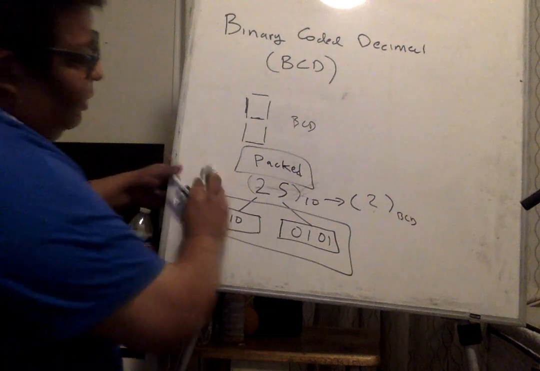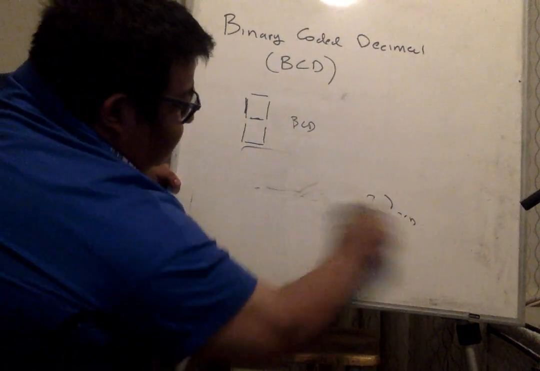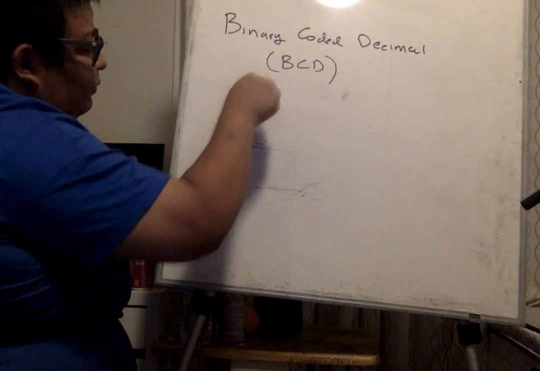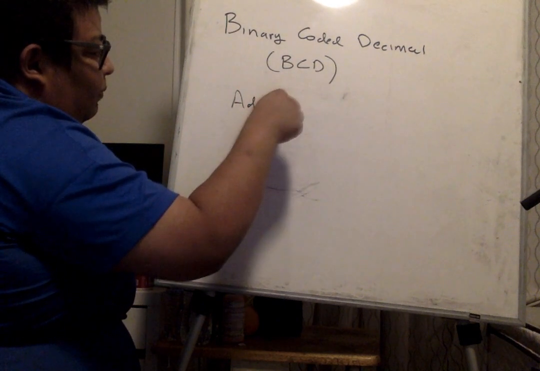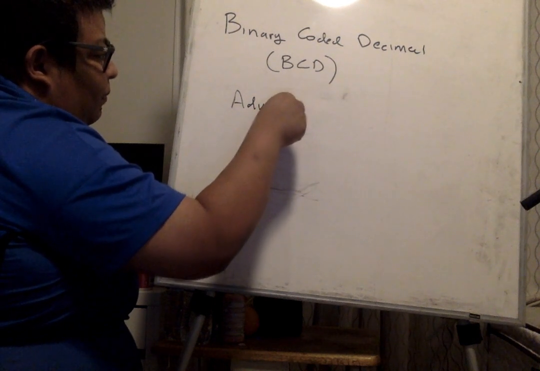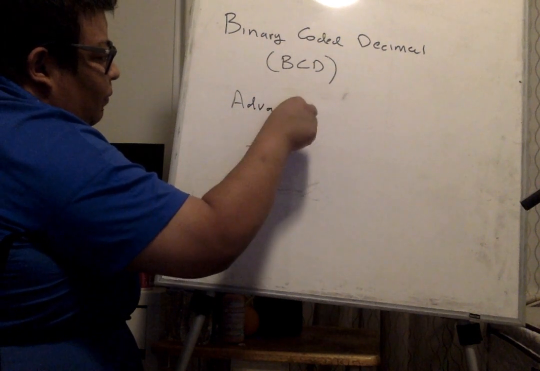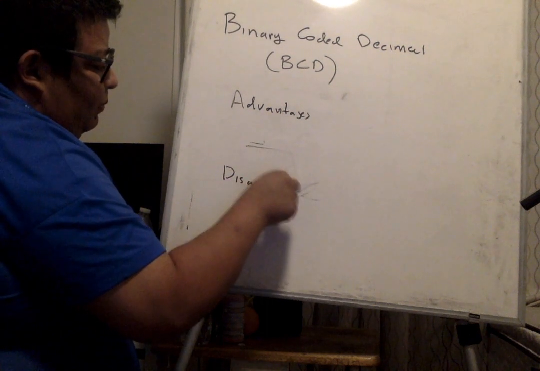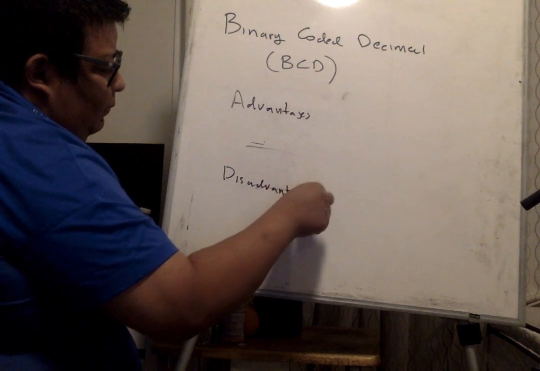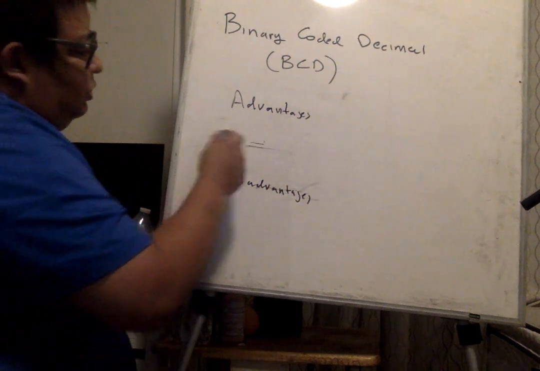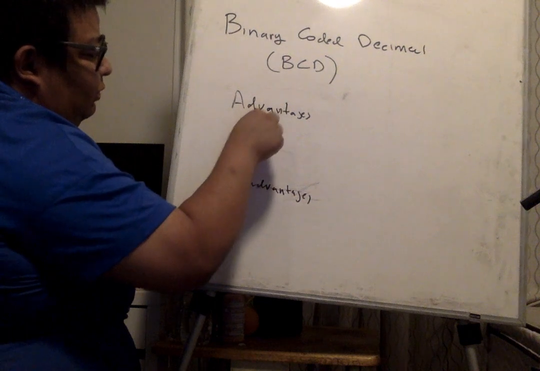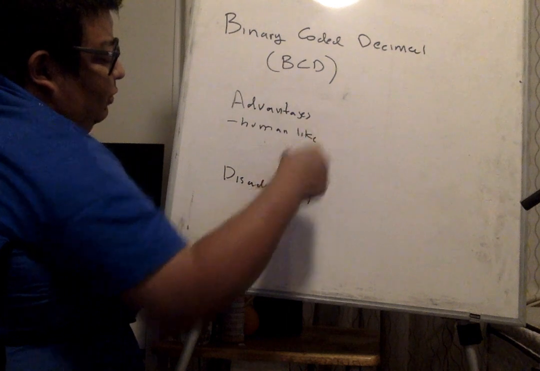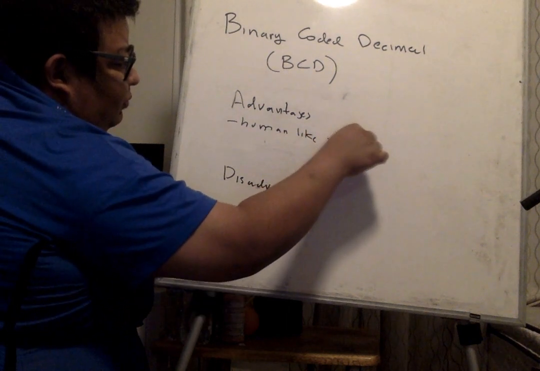The final thing I want to talk about with binary coded decimal is some advantages and some disadvantages. One advantage is it's a human-like representation.